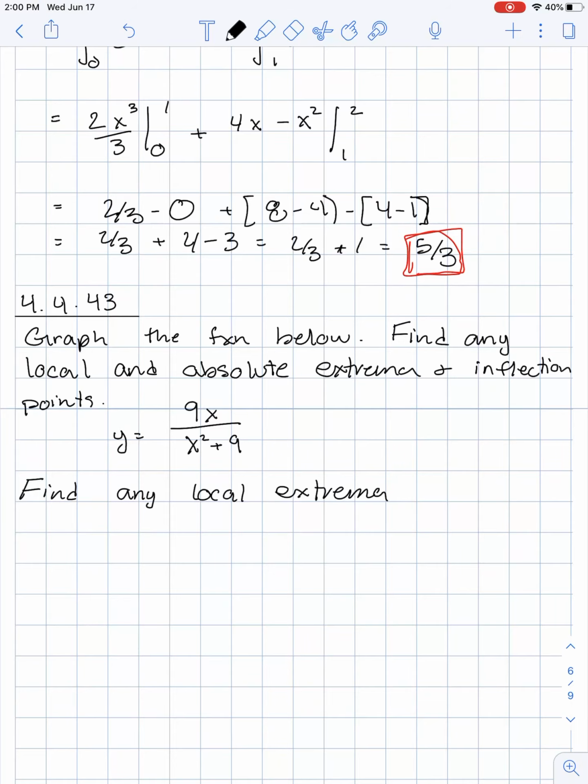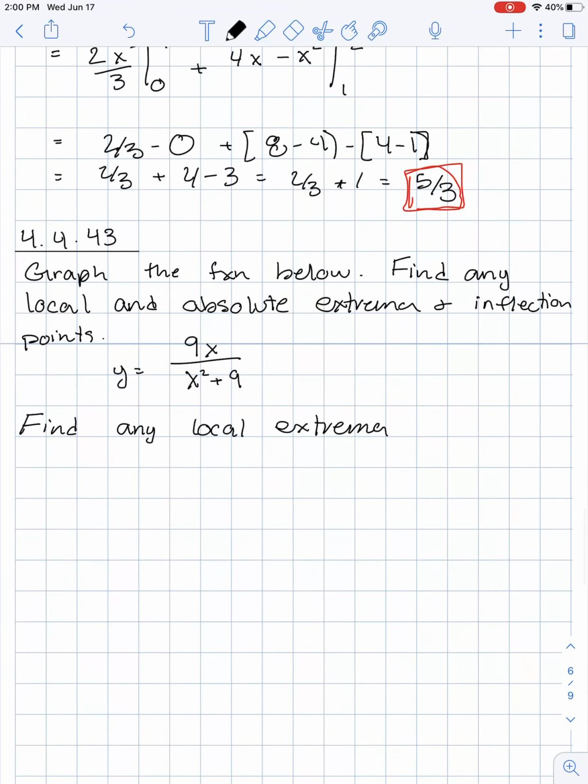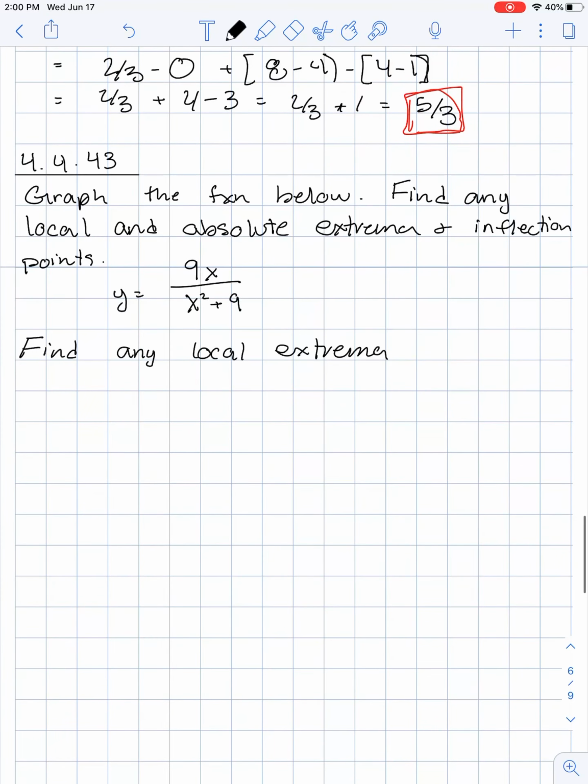Okay, so we're going to find local extrema when y prime equals 0. So let's find y prime and set it equal to 0. So y equals something of x divided by something else of x, so I'm going to do the quotient rule. Low, which is x squared plus 9, d high, which is 9, minus high, d low, which is 2x, all over x squared plus 9 squared.